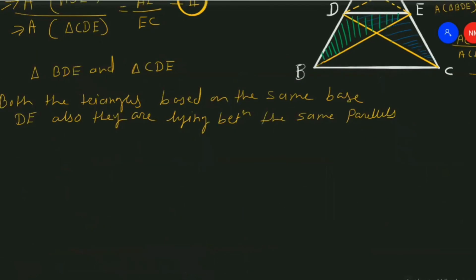Therefore, area of triangle BDE equals area of triangle CDE.